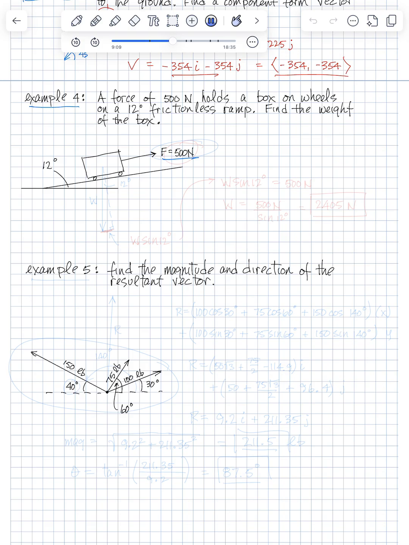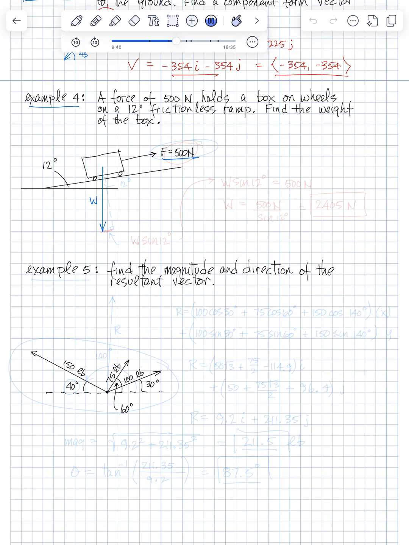So begin by just drawing a vertical line from the box, and we're going to label that W for the weight, because the weight is always straight down. Now we're going to make a right triangle that has an angle of 12 degrees because it's going to be similar triangles. I'm going to do this in a dotted line.